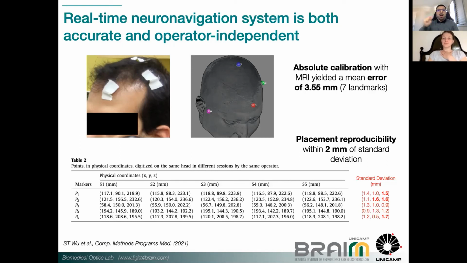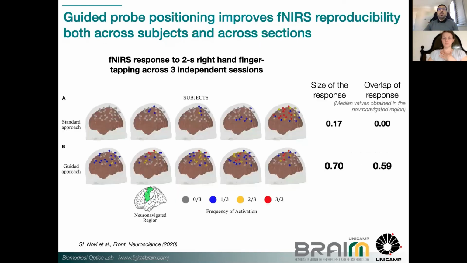So we tried 5 different people to do those landmarks and to register the landmarks, and we see the reproducibility is within the 2 millimeter region, right? So if you sum the absolute error with the variability due to the mark, you have half a centimeter, which is lower than what we typically are using. So we wouldn't have enough spatial information to distinguish 5 millimeters anyway. So it was good enough for us.